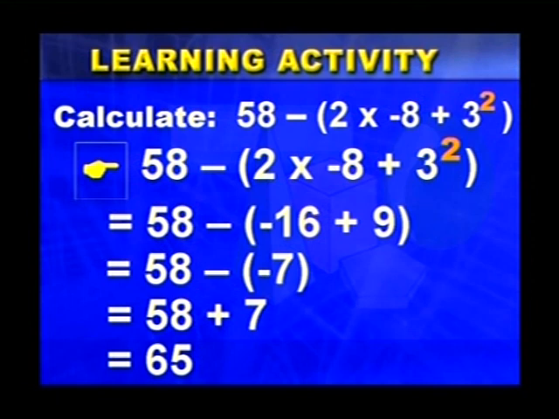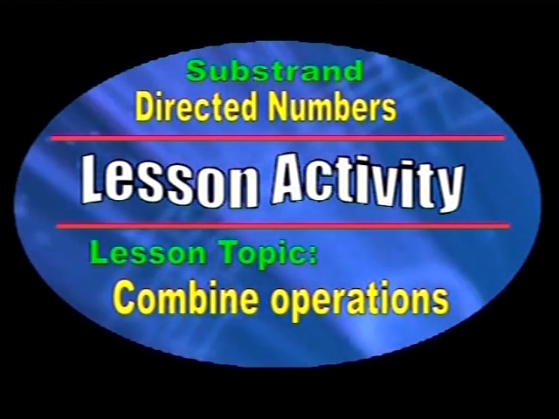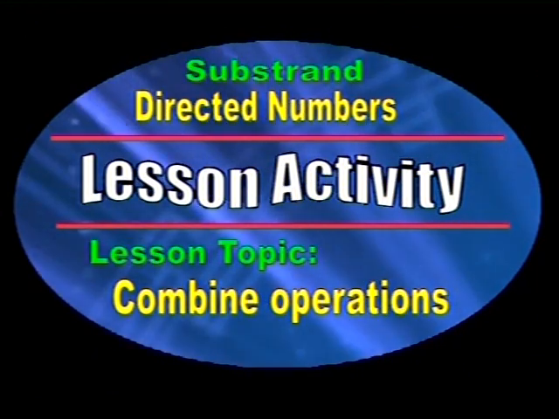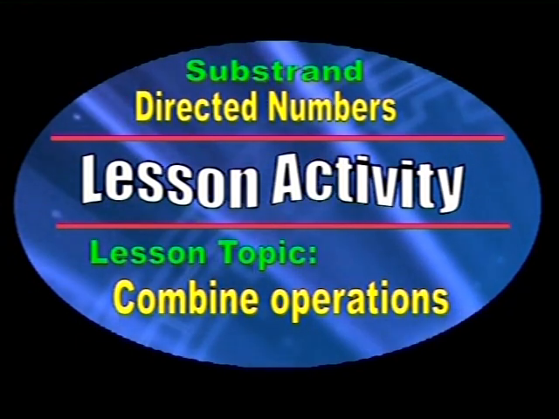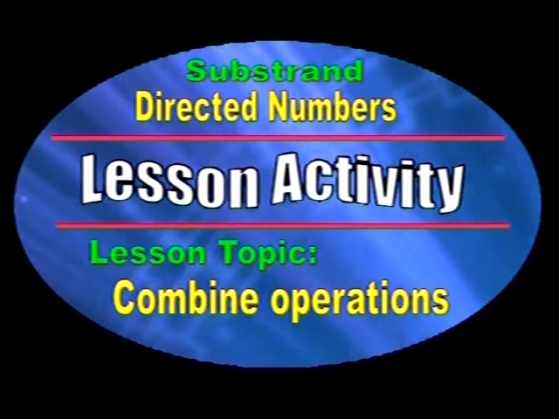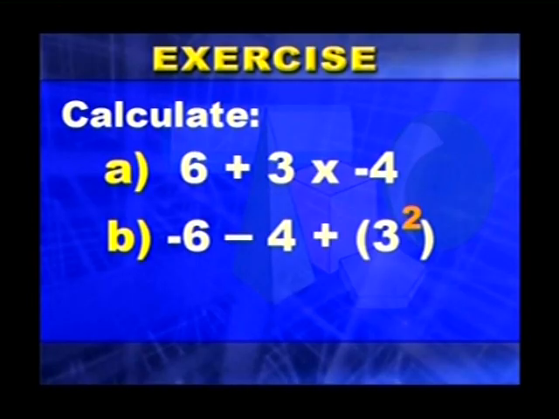There are some easy ones that you'll be going through today in your lesson. Okay, in your groups, I'd like you to quickly calculate the answers to these two problems.